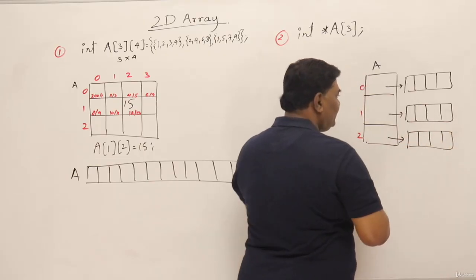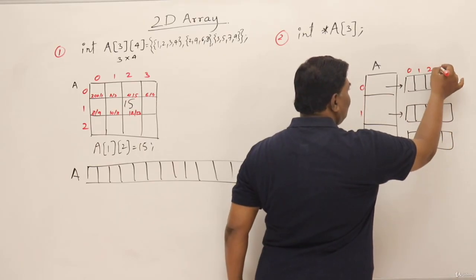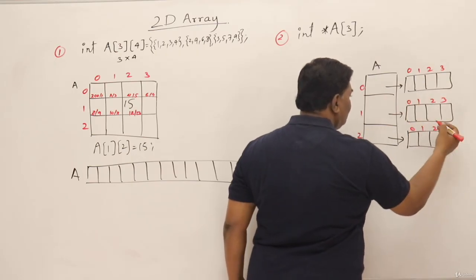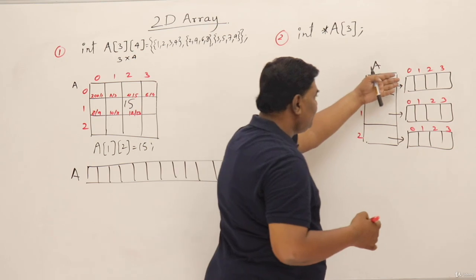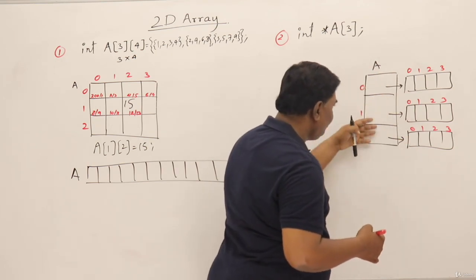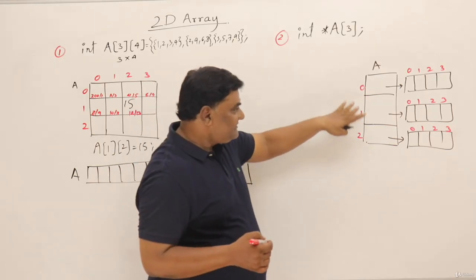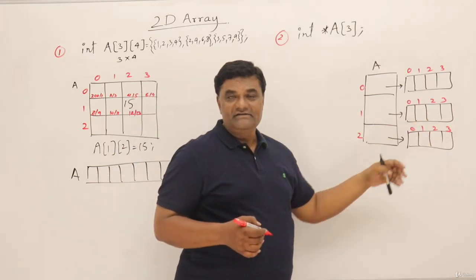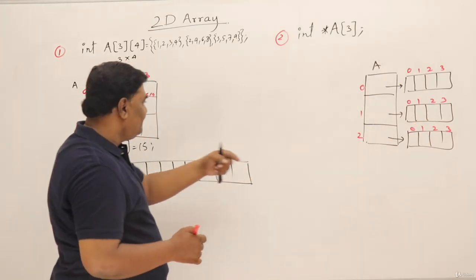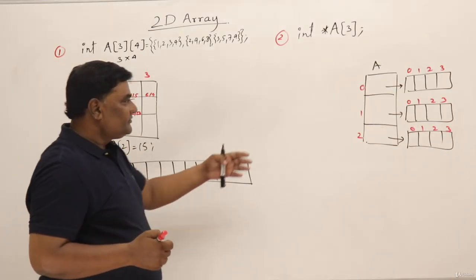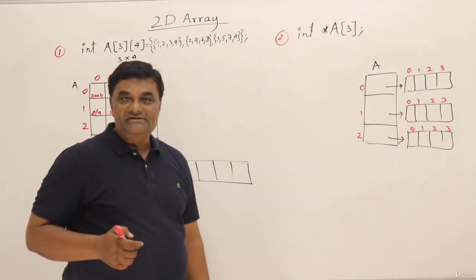So I should have 3 arrays of size 4 created in the heap. This is nothing but an array of arrays. There are three arrays and I have this array pointing to those three arrays, and together they form the same two-dimensional array. So this is the second method of creating a two-dimensional array.